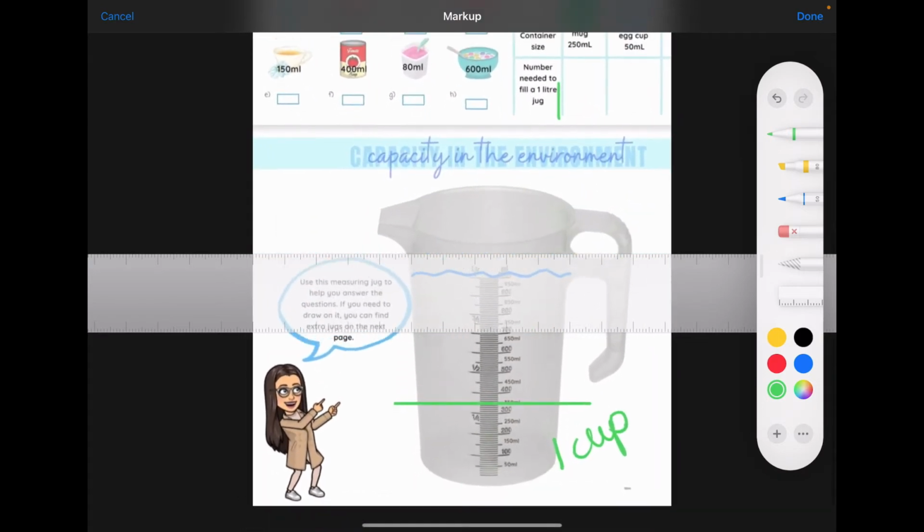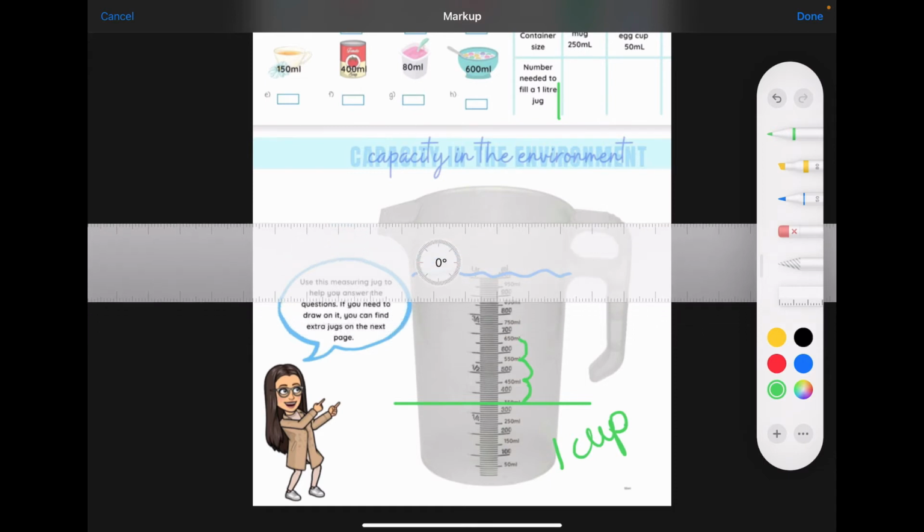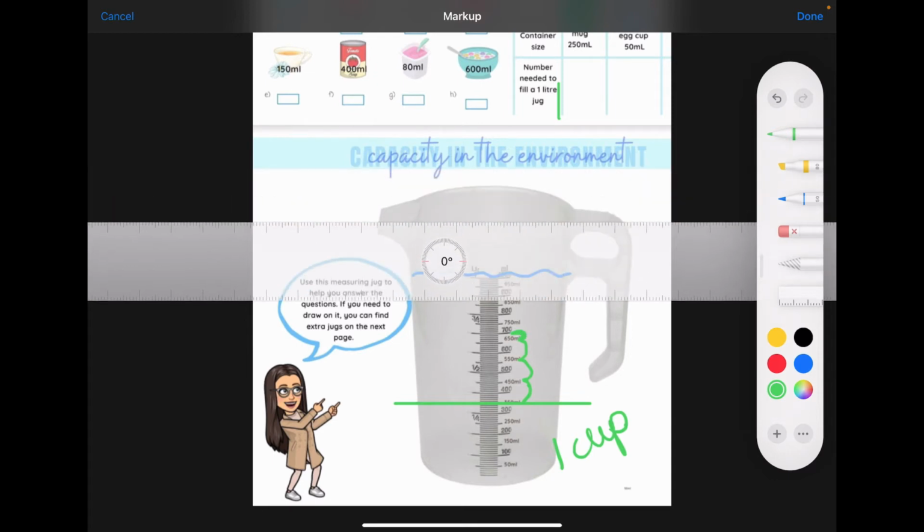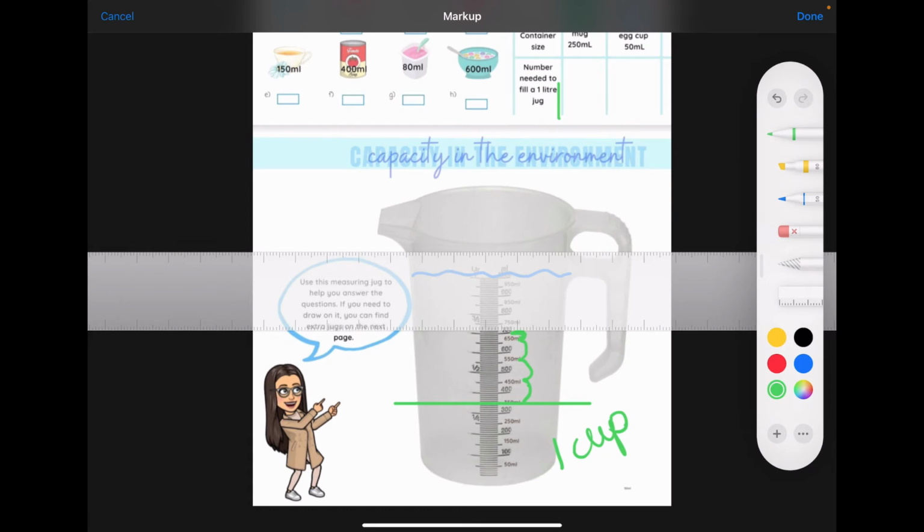Okay, so to do this, I know I've got 350. I'm going to jump up by 100 every time. So I've got 450, so that's 100, 200, 300, and then I need to add an extra 50 mils. And I know that an extra 50 mils from 650 is 700. So I will do my ruling here at the 700 mark.